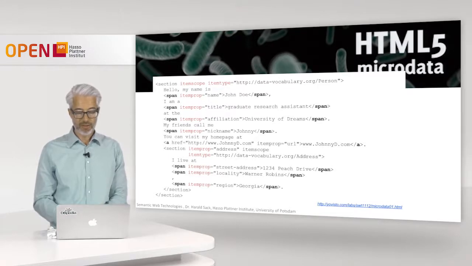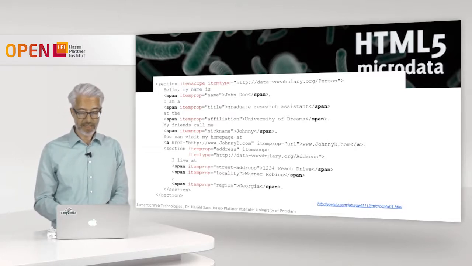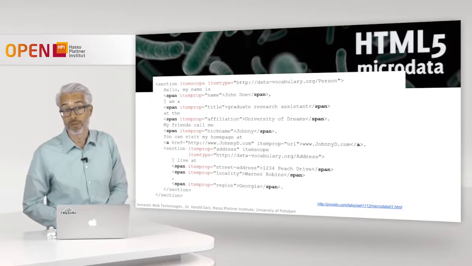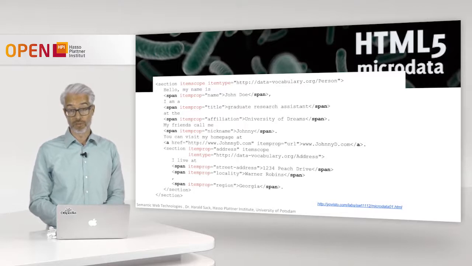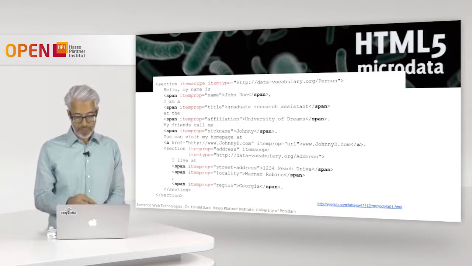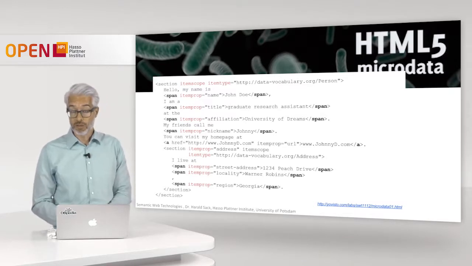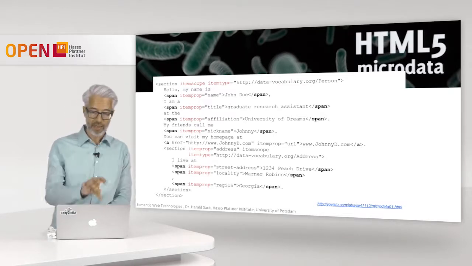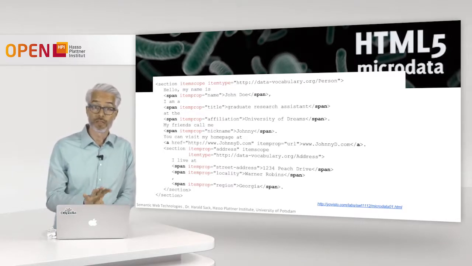So you see here that for the content of your HTML file, you can define specific properties and specific types. And as you can imagine, this can, of course, pretty easily be translated into an RDF-like representation.